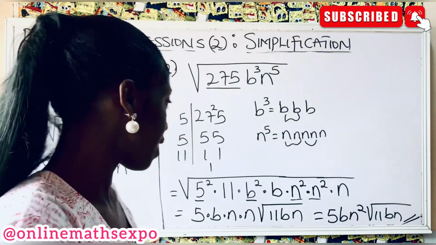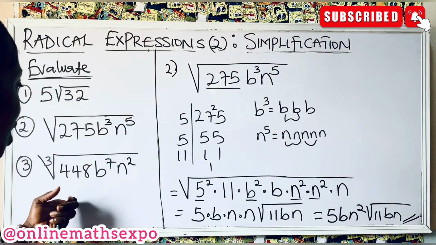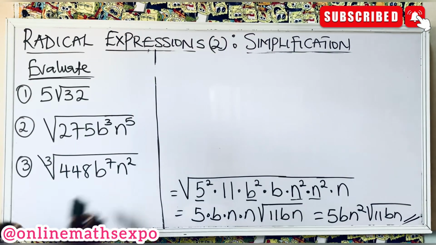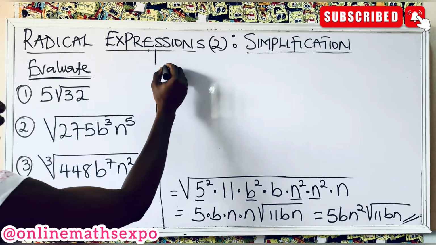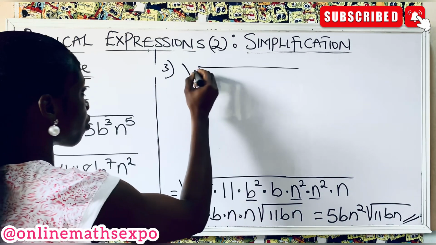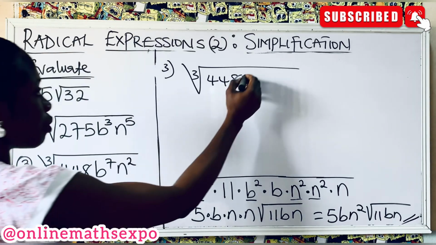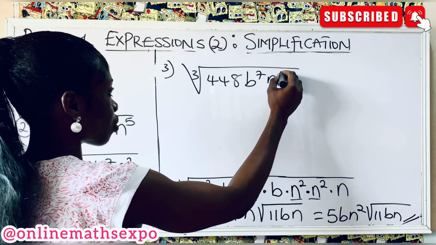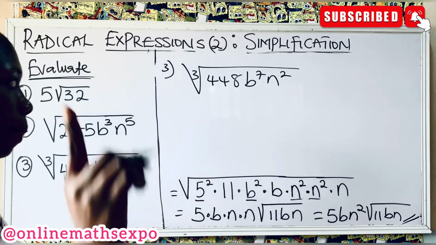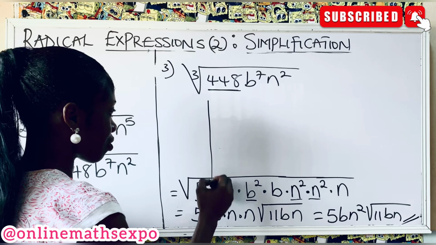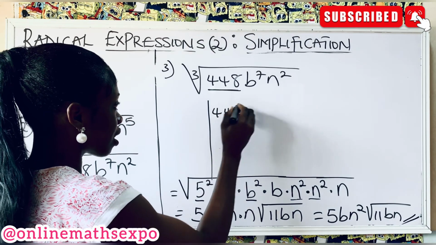Now, finally, let's take the last question. This is what we have, okay? To answer it, just like what we did in the second example, we have the cube root of 448, b to the 7th, and n to the power of 2. First, let's simplify this. So we're going to have 448.